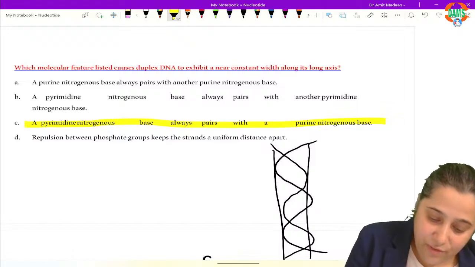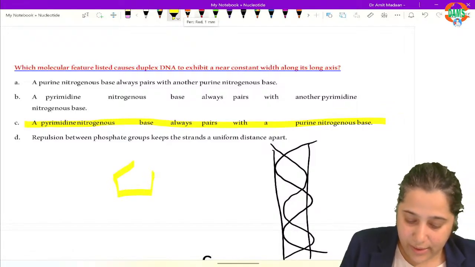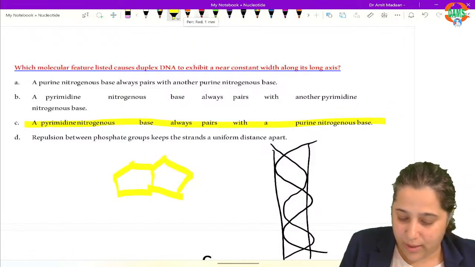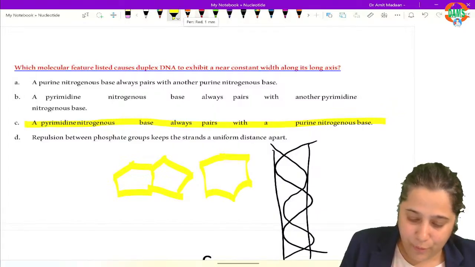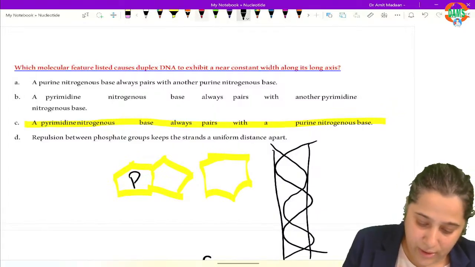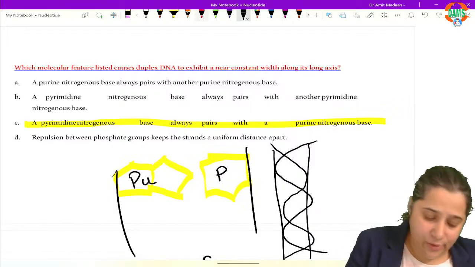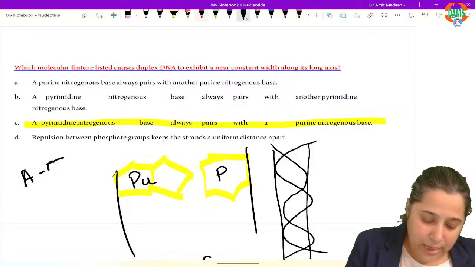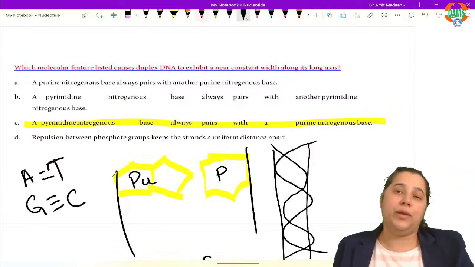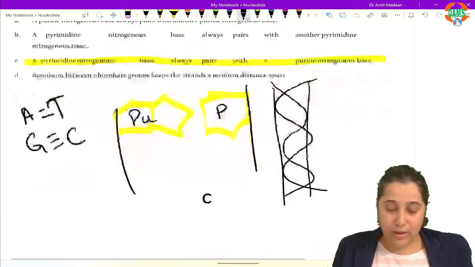You always have one pyrimidine on one side and it is always pairing with another purine. So it is purine, pyrimidine always. Like adenine always pairs with thymine and guanine always pairs with cytosine. The bond between them is hydrogen bonds.